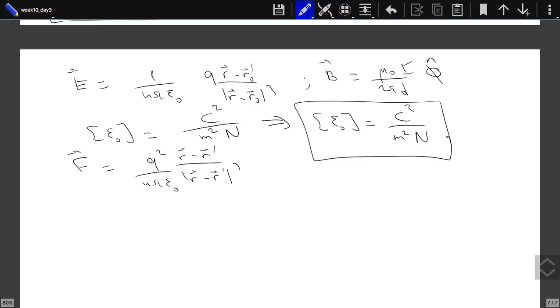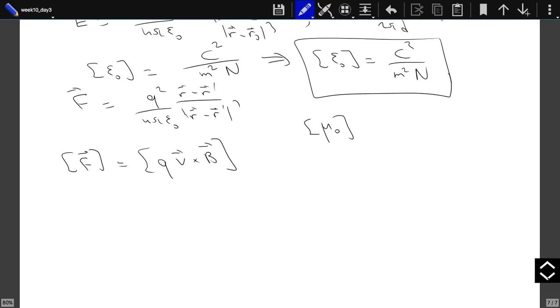Now, what is the unit of mu 0 in terms of Coulombs, Newtons, meters, etc.? Well, let's start with the unit of the force, which is the same thing as the unit of Q V cross B. In fact, let's look at this one.